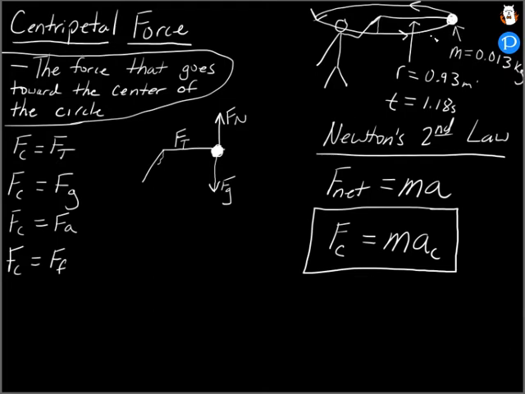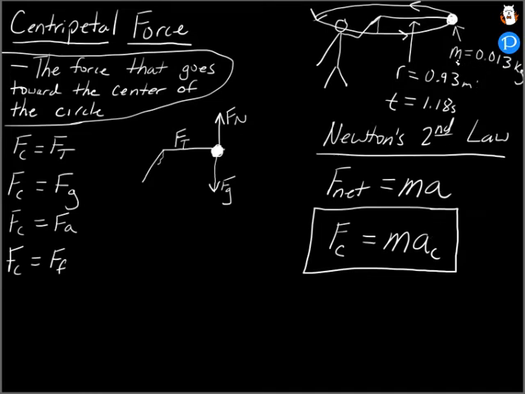And I want to figure out what the centripetal force is. Last week we learned how to solve for the acceleration of this. Can we solve for the centripetal force that the yo-yo feels? Looking at our equation, the centripetal force is equal to the mass of the yo-yo times its acceleration.